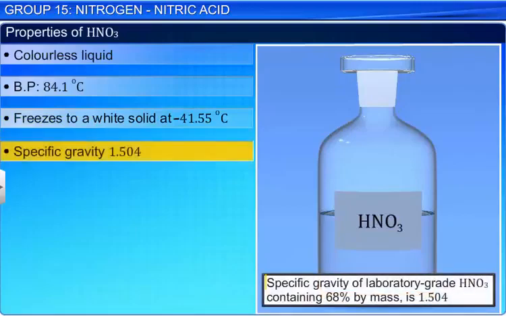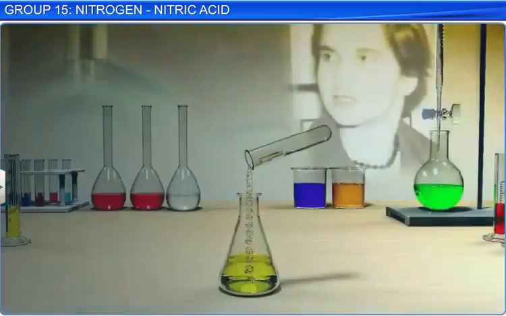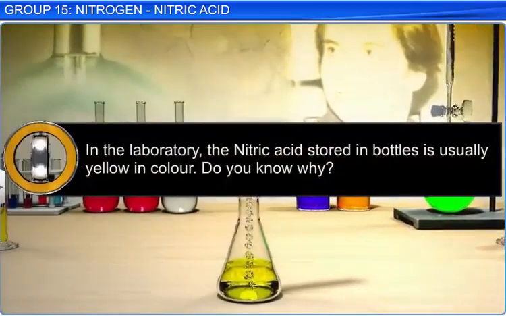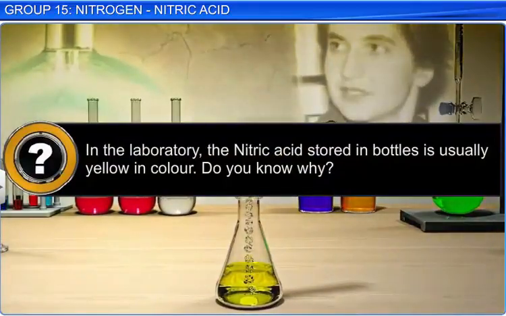Note that the specific gravity of laboratory-grade nitric acid, containing 68% by mass, is 1.504. In the laboratory, the nitric acid stored in bottles is usually yellow in color. Do you know why? Try to answer the question on your own before looking at the answer.